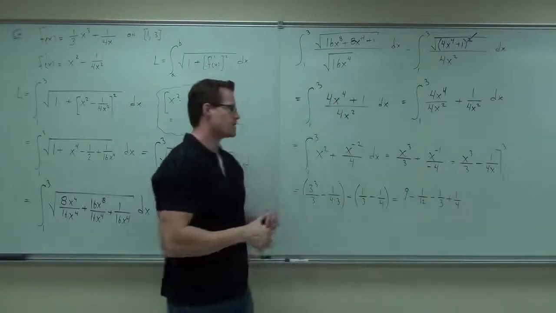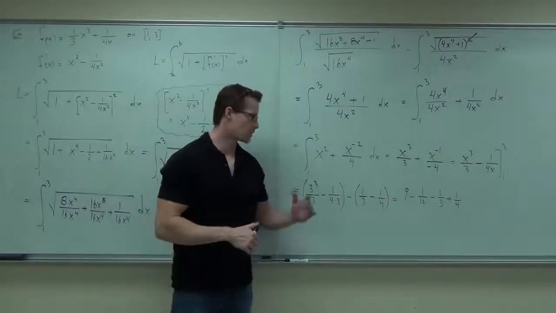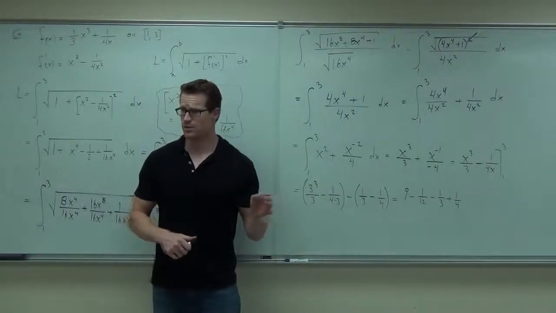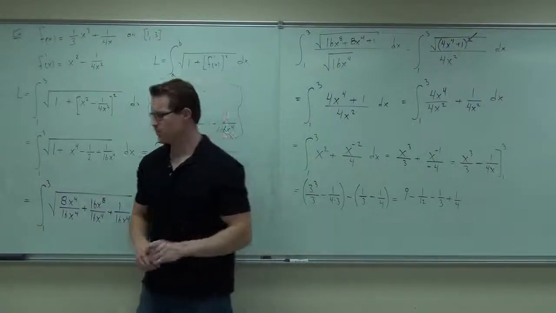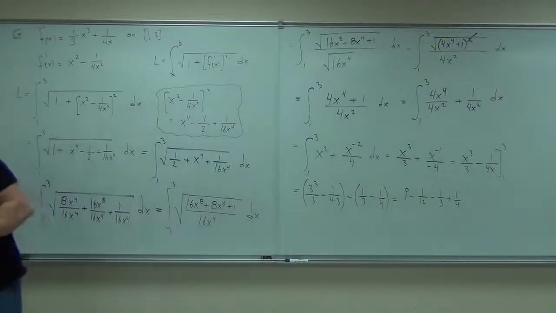If you do 9 minus 1/12 minus 1/3 plus 1/4, see where the plus 1/4 is coming from, first of all? Can someone do that on a calculator, see what you get?